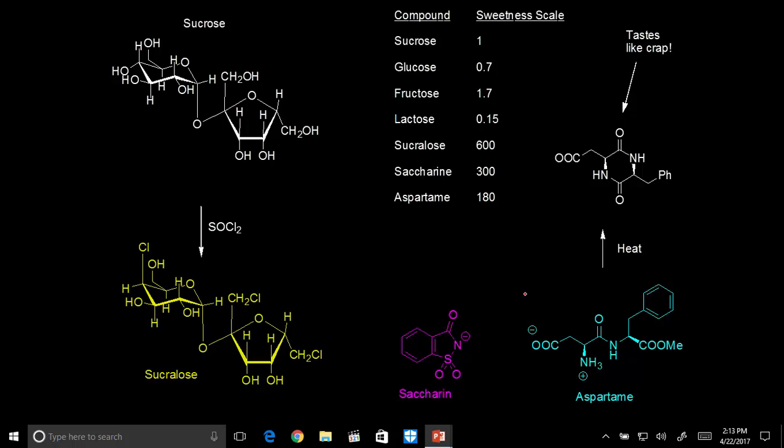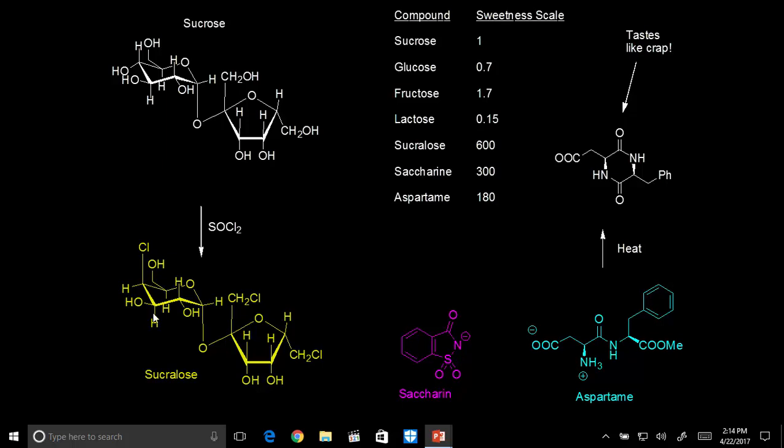The food industry has it all worked out, but you treat it with exactly the right amount of thionyl chloride, and you replace specific OH groups with chlorine, sometimes with inversion of configuration. Okay, so you replace this one and this primary one here, and this one, this equatorial OH becomes an axial Cl there, and this is sucralose.